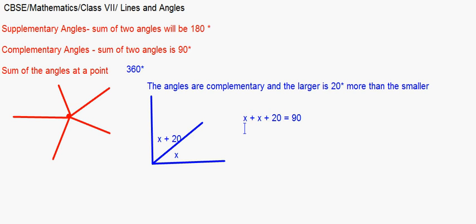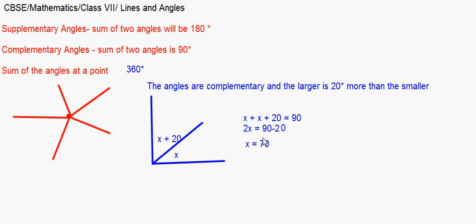Now from the equation we get 2x is equal to 90 minus 20, and then x is equal to 90 minus 20, that gives us 70. I'm getting some mistake here.